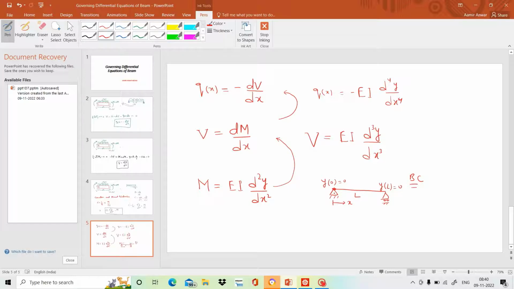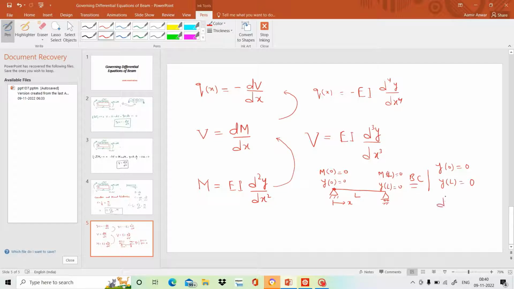Now what we know about these hinge supports is that the bending moment is also 0 here. So the moment at x equals 0 is also 0, and the bending moment M at L should also be 0. We can write these boundary conditions as y(0) equals 0, y(L) equals 0, and M, the moment, which we write as EI d²y/dx², equals 0.